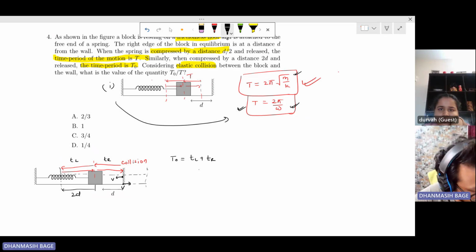Okay, double the distance of that thing. A bit complicated concept has been used here.